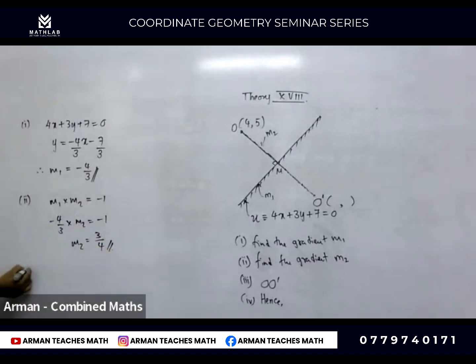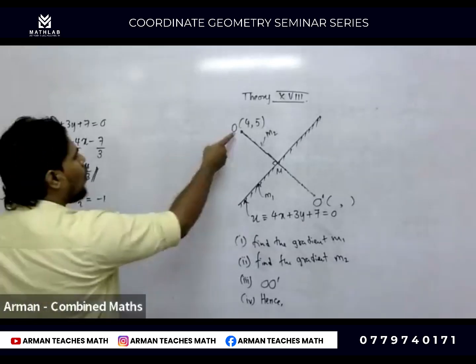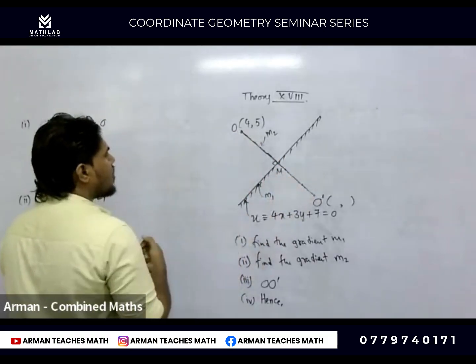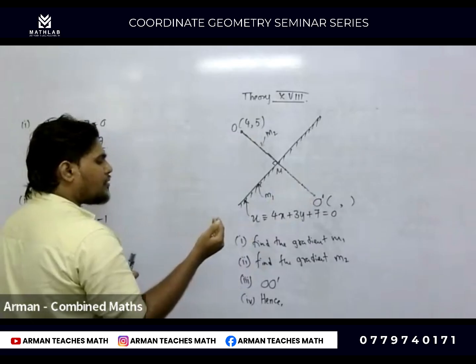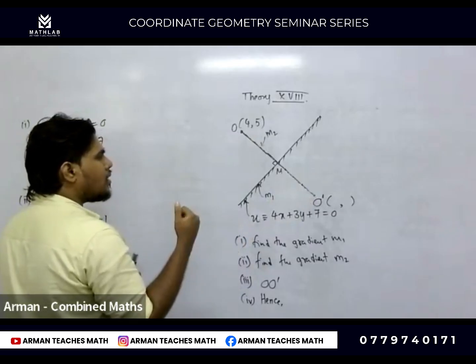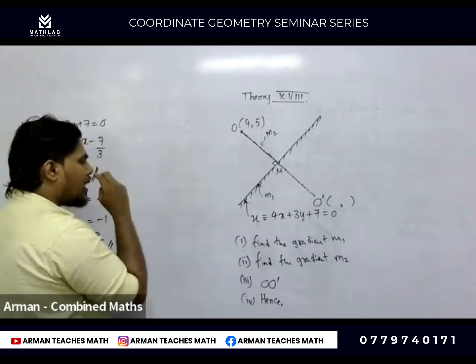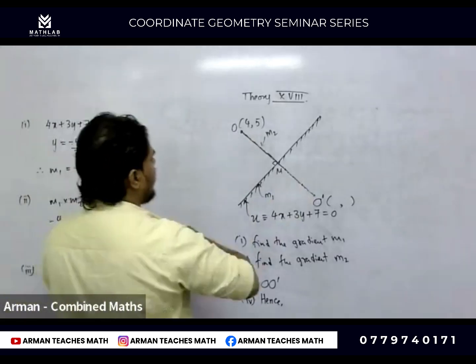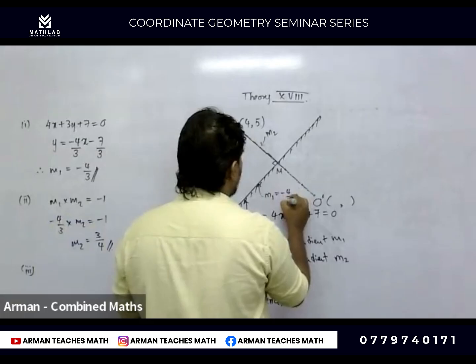Third one. They asked us to find the general coordinate on OO dash parametrically. What was the process of identifying the parametric coordinates of a straight line segment? First thing, we start with the process of calculating the equation. We know the gradient. This is -4/3.